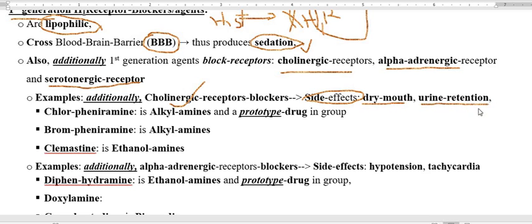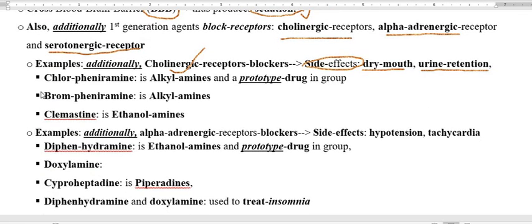These are the very important side effects associated with cholinergic receptor blockers. The very important drugs under this are chlorpheniramine maleate, brompheniramine maleate, and clemastine.